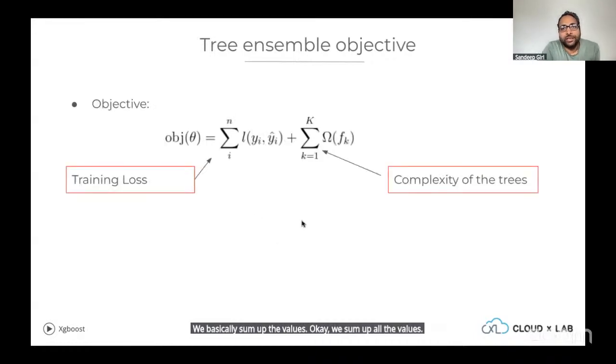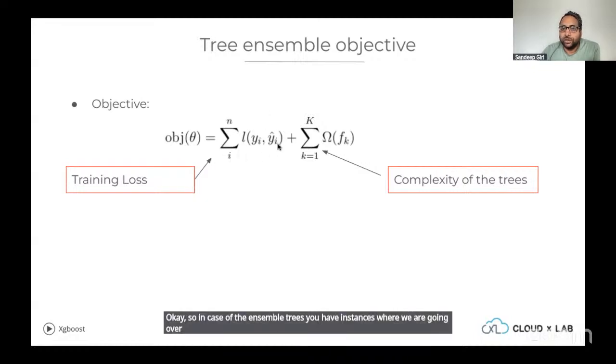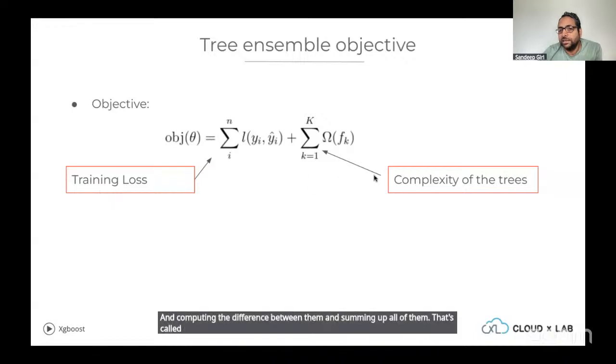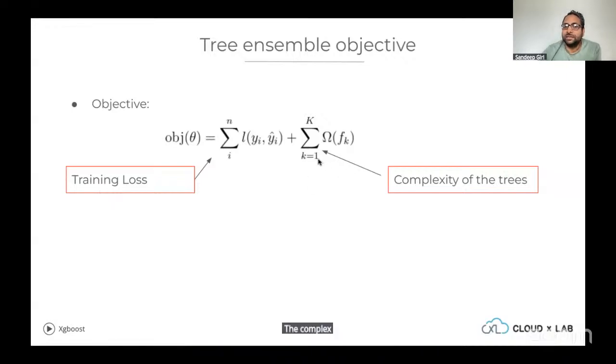In case of ensemble trees, we go over all the instances, comparing the predicted versus actual, computing the difference between them and summing them up. That's called the training loss. The complexity of the trees is how many total trees or total leaves we have.